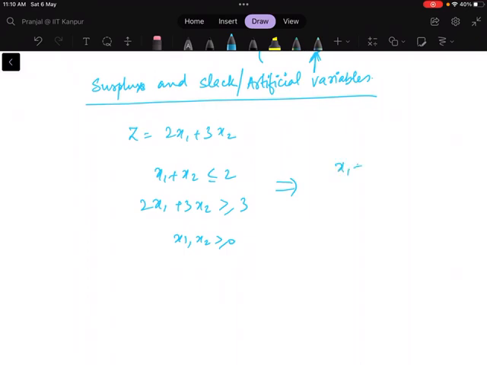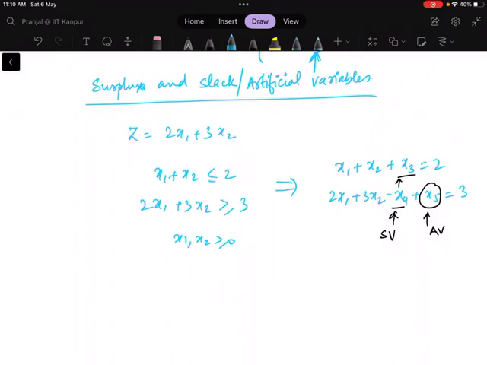So this becomes x1 plus x2 plus x3 equals to 2, and 2x1 plus 3x2 minus x4 plus x5 equals to 3. Here x5 is the artificial variable, and x3 and x4 are slack and surplus variables.